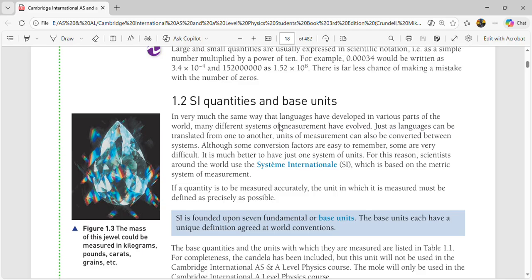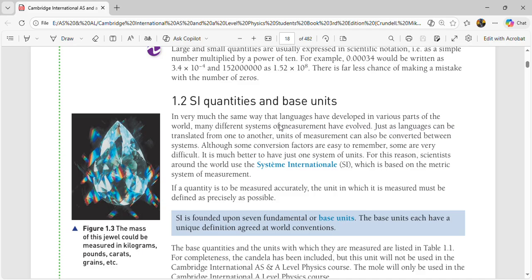The base quantities, they are those quantities that can only be measured. They don't have formulas. They can't be expressed as products and quotients of other quantities.